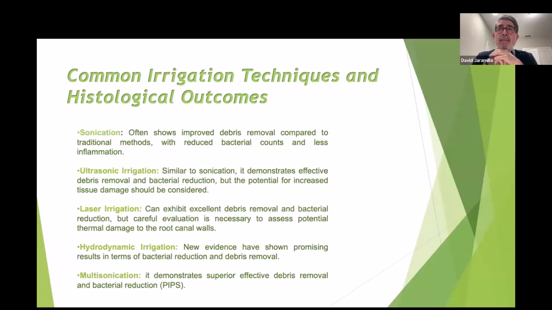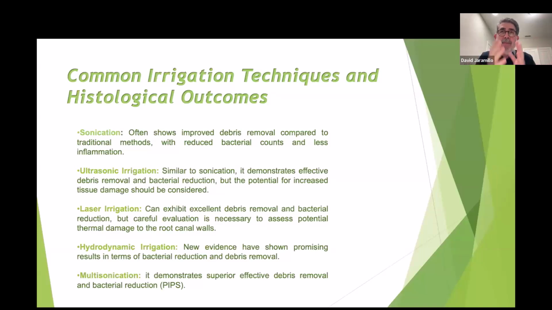Why did I do that? Because after all these years, I have been doing this research for over 20 years, and I have done tons of tests with all these different techniques. The phenomenon that PIPS creates inside the root canal, producing these macro bubbles and microbubbles, formed within microseconds, they form and explode, form and explode, form and explode.